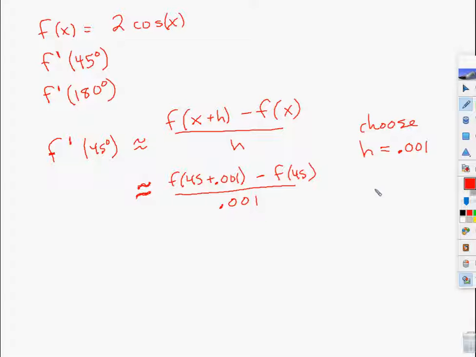So using your calculator, we will want to keep as many decimal points as we can. Let's keep 4 decimal places in this case. Actually, let's keep 5. Do 1 extra. All right, so what is cosine of 45.001?